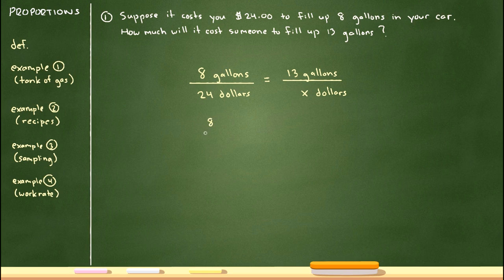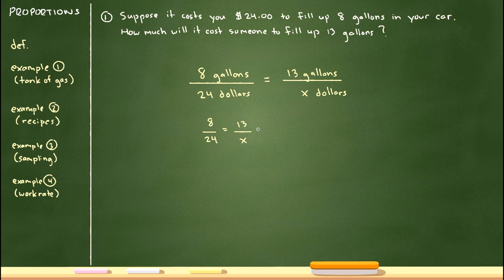We have 8 divided by 24 is equal to 13/X. So when we want to solve for X in this case, if you have a variable in the denominator, you want to try to get it out of there somehow. And eventually what you'll need to do is multiply by the variable on both sides.